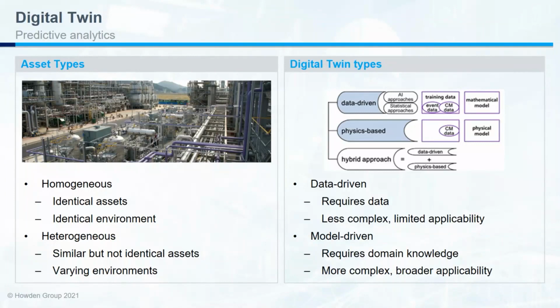Data-driven models require data. They are often less complex, but limited in applicability, so it's often difficult to use them in the right way for heterogeneous assets. Then we have the model-driven analytics, which require domain knowledge and are quite complex, but broader applicable.